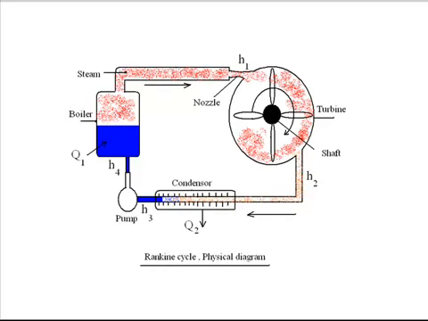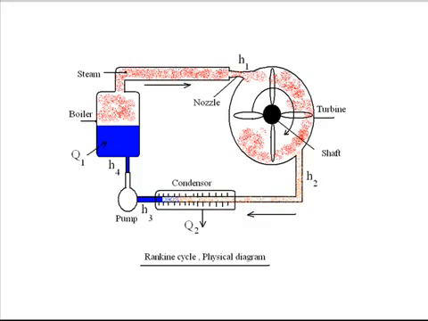When the steam has done work on the turbine blades, it comes out from the outlet of the turbine with enthalpy H2. Now this used steam is sent to a condenser where it is cooled and again converted into water.